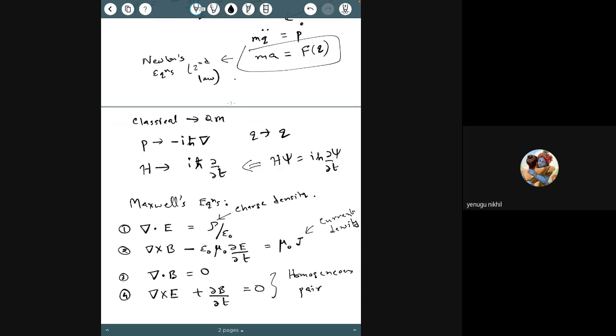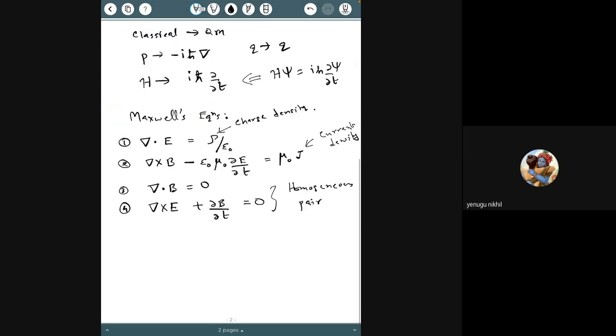So these are the 2 things. When we look at these equations, we can make some conclusions about what form my electric and magnetic fields should have, in terms of the potential.